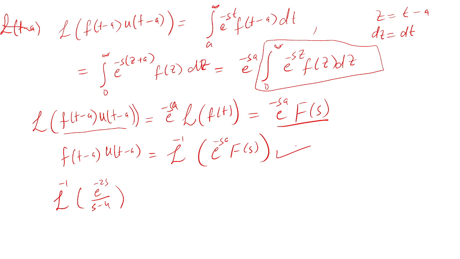Using this result, we can write e^(4t) is the answer, but the t is translated 2 units back. So this is the exponential e^(4(t minus 2)) for the 1/(s minus 4), times the unit step function of t minus 2. So this is the answer of this Laplace inverse.